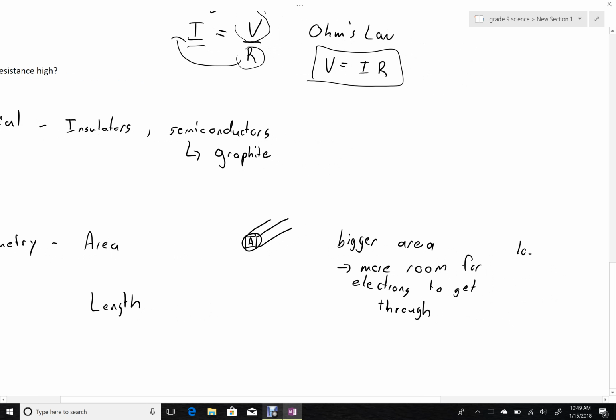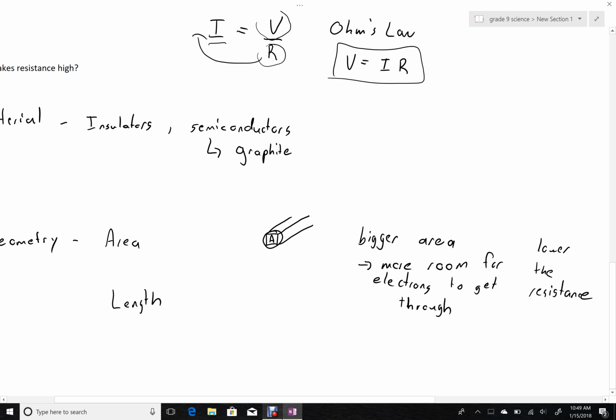The lower the resistance. Right? So if it's a nice, big, and wide highway, 4 lanes, it's not going to provide very much resistance. But if you narrow it down, you reduce its cross-sectional area down to just 1 lane, then you might find that you've got a lot of resistance in your highway.